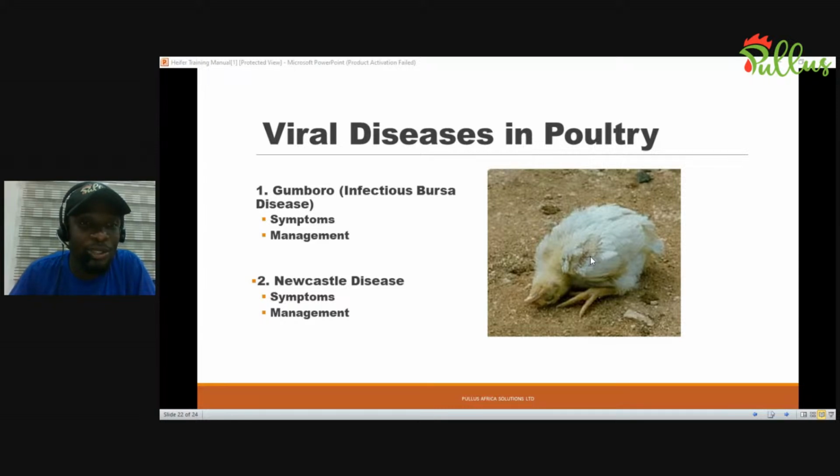This helps in reducing what I mentioned earlier, infection pressure, which means if this viral problem is happening, like Gumboro as we're discussing, and there are other problems, probably another bacterial problem, it will make the disease condition worse because the immune system will find it very difficult to fight this problem. So you're using an antibiotic at this time to reduce other bacterial infections that might be ongoing at that time, so that it will give the immune system the opportunity to help in tackling this problem.